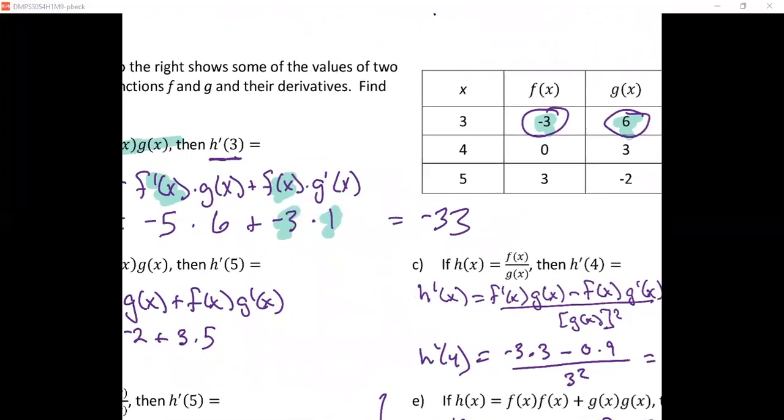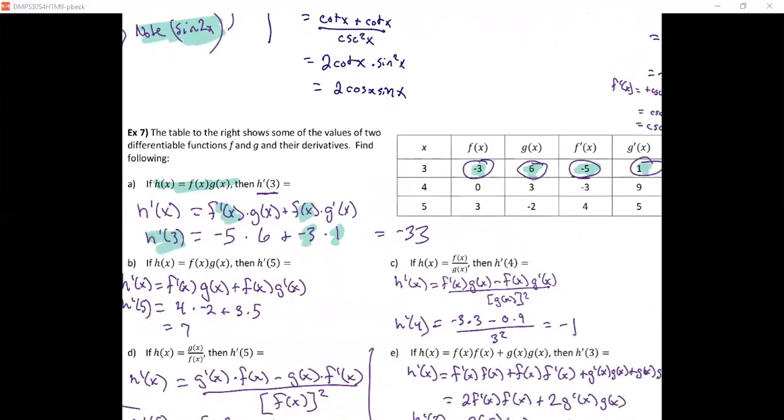We go to the table and we say, all right, we're trying to find h prime of 3. So f prime of 3 is -5. G of 3 is just 6. And then plus f of 3, which is -3, and g prime of 3, which is 1. And then we simplify our result to -33.